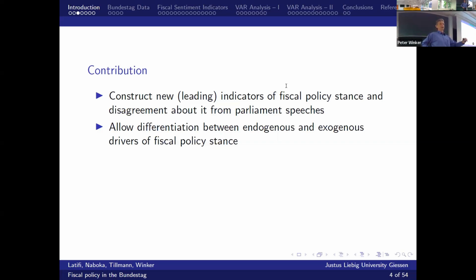That's a different story from the war in Ukraine, where we will increase our military spendings. And we try to separate the two things with a topic model. It's a bit ad hoc, but as you will see, that's also an interesting perspective, because they have a different impact, whether it's the endogenous side or the exogenous side.